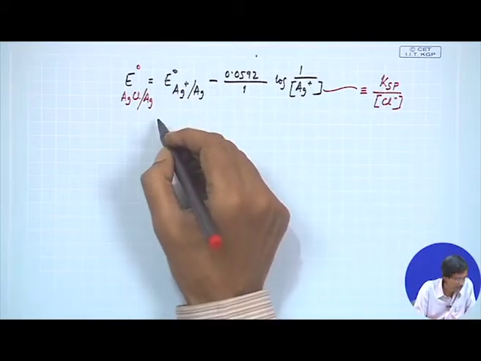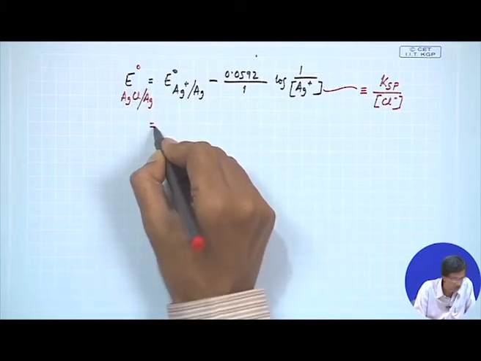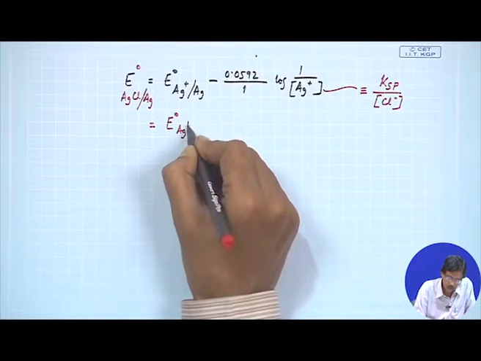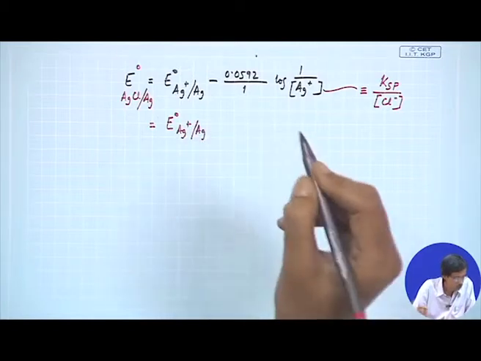So, the corresponding E0 value for this will be equal to your E0 for silver ion to silver, which is the same in all these cases.